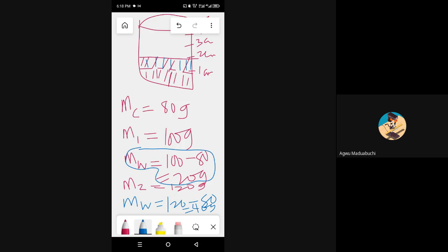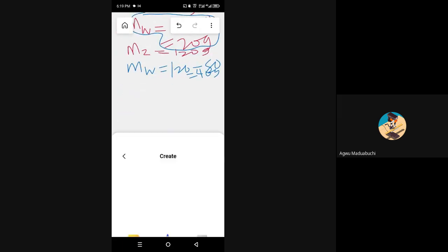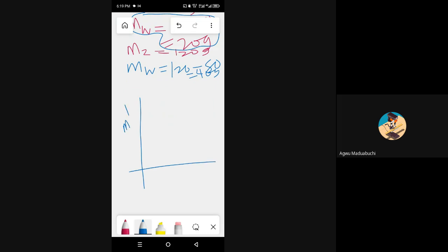Now, all these masses we have calculated, they are in what? Grams. Very good. Now, if they say you should plot the graph of mass in grams against length in cm, are you with me?